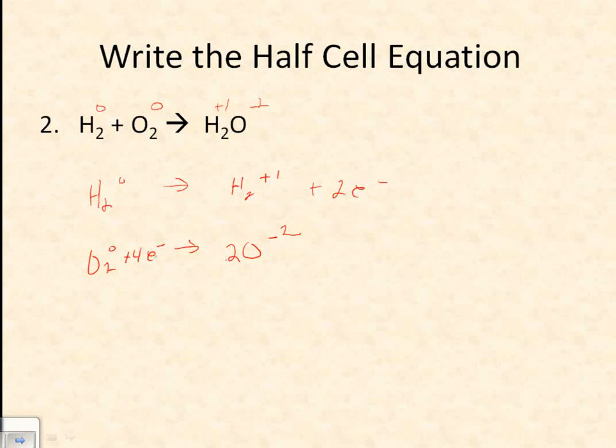So now I have 4 electrons being gained here, 2 being lost, so I need to multiply this times 2 in order to get the electrons to 4. So any place there's an H2, I'm going to put that in front, and that will balance it. Now I need to identify which element is reduced, and it's the oxygen because it goes from 0 to -2, so that's reduced, which means the hydrogen must be oxidized.